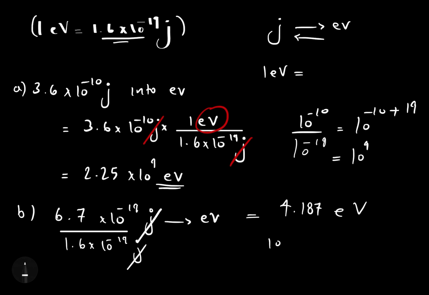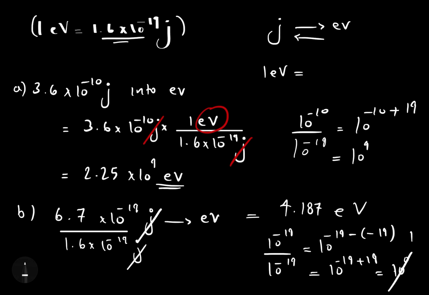And the two powers, the 10 to the power of negative 19 and 10 to the power of negative 19, cancel out, because whenever two powers are getting divided, you can assume that their powers get basically subtracted. So negative 19 minus negative 19 is simply 10 to the power of 0, which is just 1.